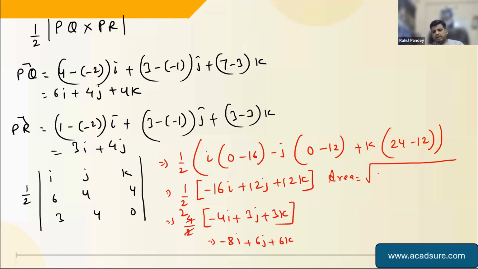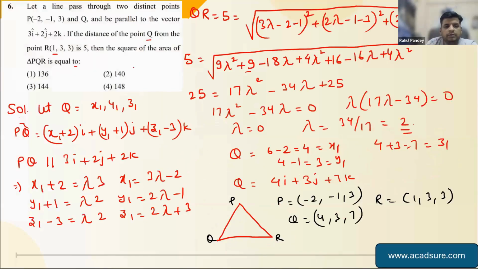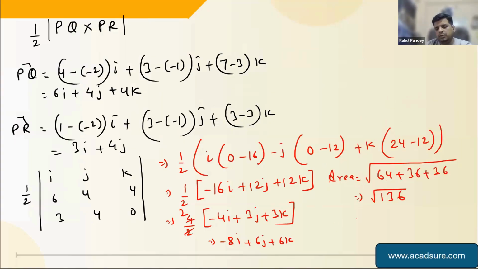It will be (-8) square + 6 square + 6 square, which is root 136. And we have to find the square of the area, so 136 is the answer.